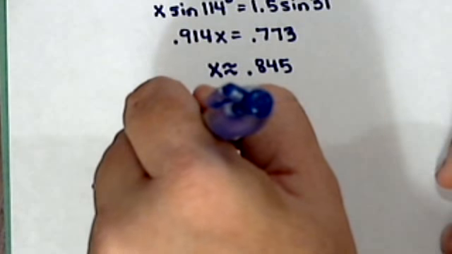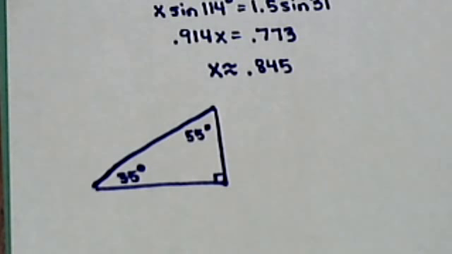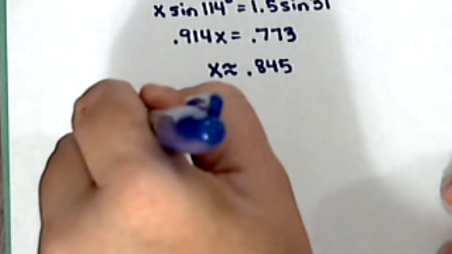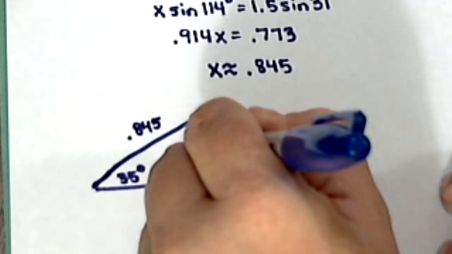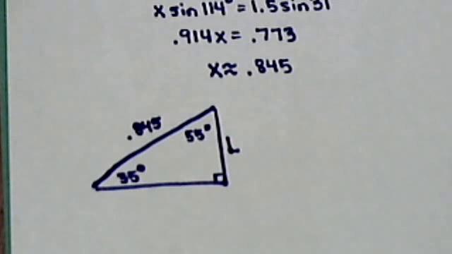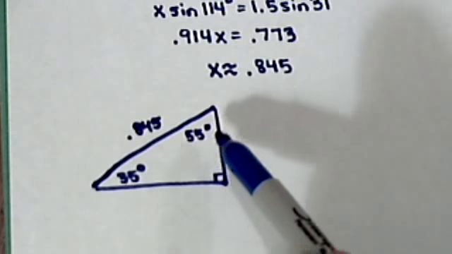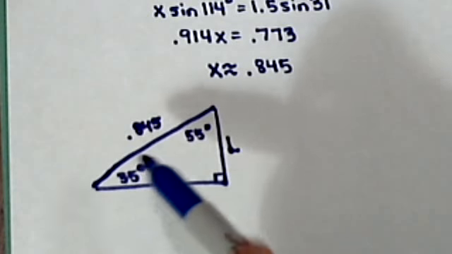So that would be 55 degrees. Okay. And we just calculated above that this is 0.845. And we're trying to find out this distance here, this length. We'll call that L. Okay? So we actually really didn't need the 55, but it's good to know that those add up to 180.